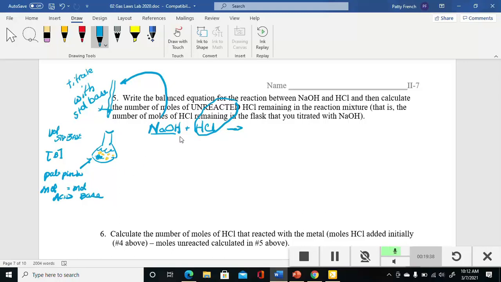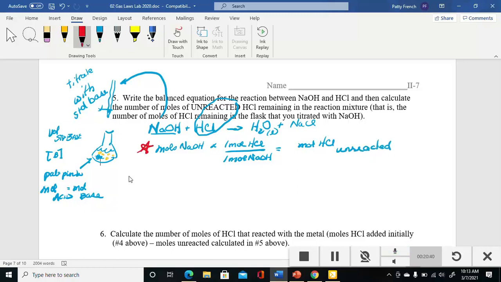Now, since both NaOH and HCl are monoprotic, we end up with a perfect 1-to-1 ratio, which is wonderful. Now we know the moles of NaOH that were needed. And since we had 1 mole of HCl for every 1 mole of NaOH, we found the moles of HCl that were unreacted.